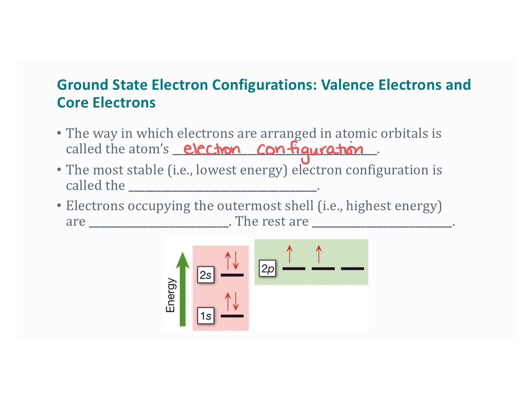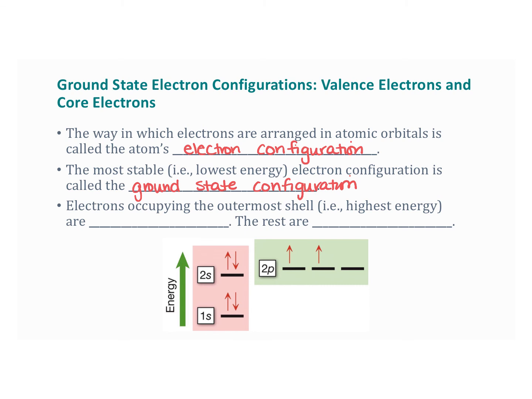The most stable electron configuration has the lowest energy. This is going to be an underlying theme in organic chemistry. If something is stable, it's got the lowest energy. If it's unstable, it has a higher energy. So the most stable, lowest energy electron configuration is called the ground state configuration.